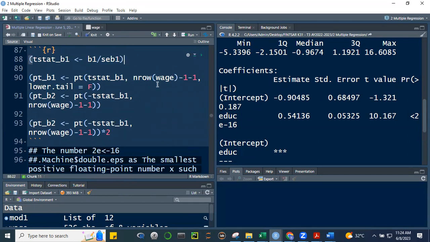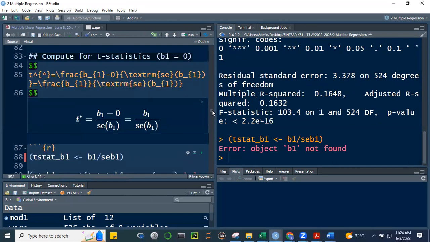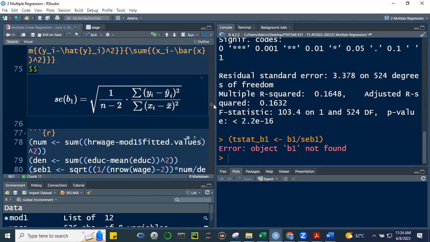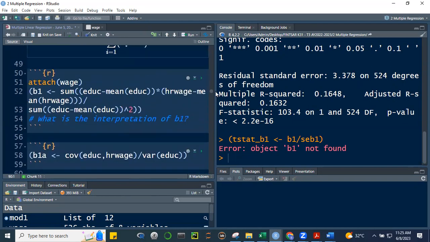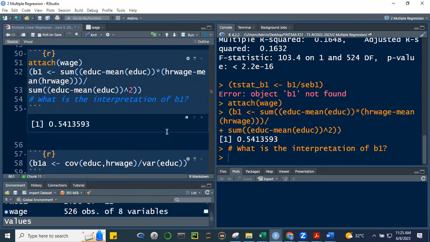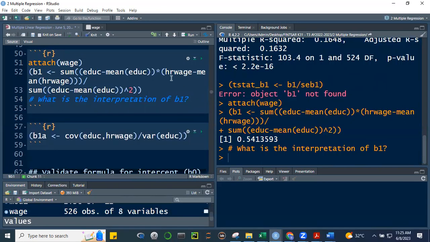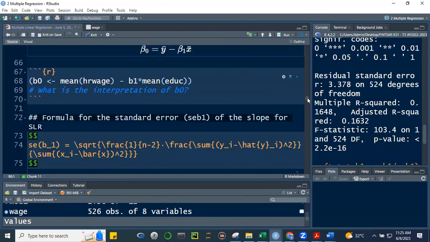I need to solve this t-stat first. I haven't solved B1 yet, so I have to go back here and solve for B1. Okay, let me solve this. This is our B1, which confirms the value. My mouse is acting strangely.